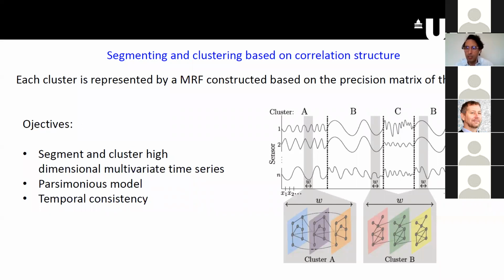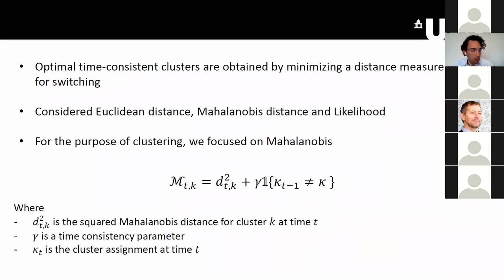So what we want is for our model to be temporally consistent: to cast an observation in a different cluster only if there is a marginal gain from doing this switch. How can we do that? We've considered different distance measures.